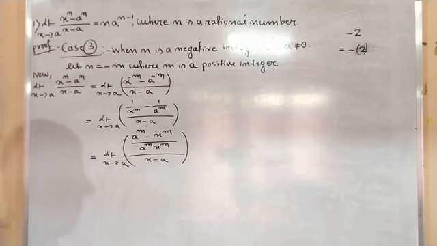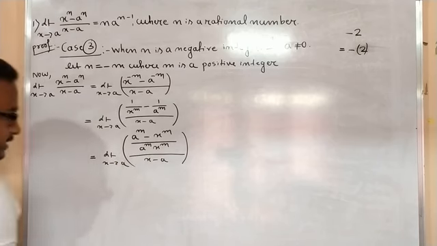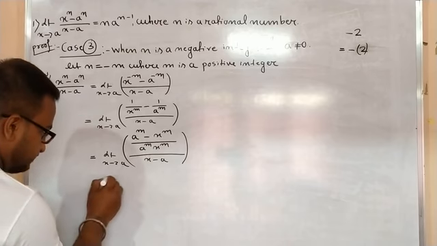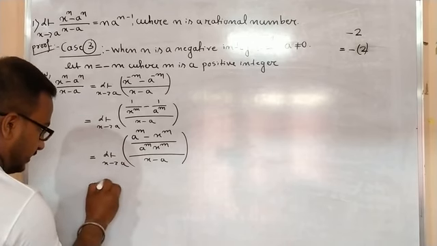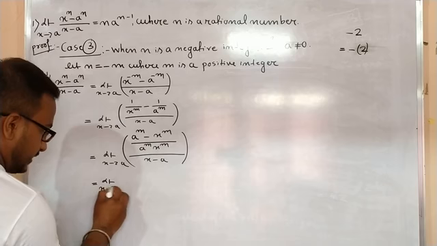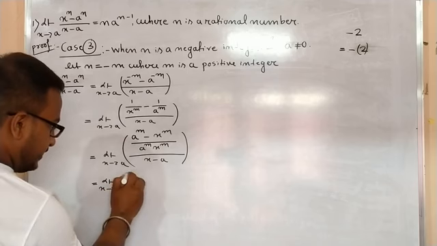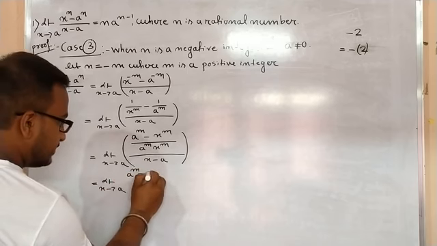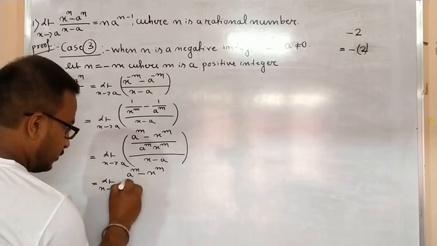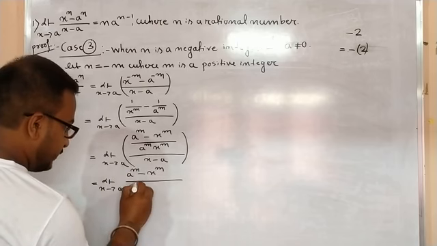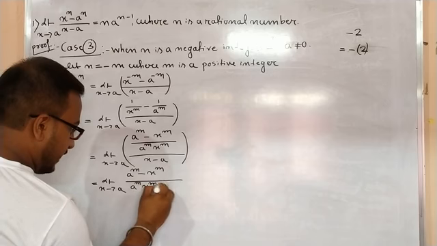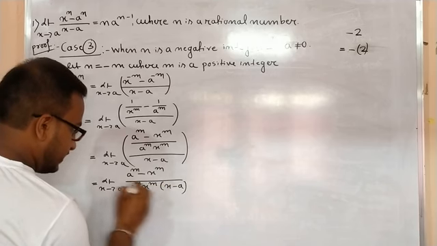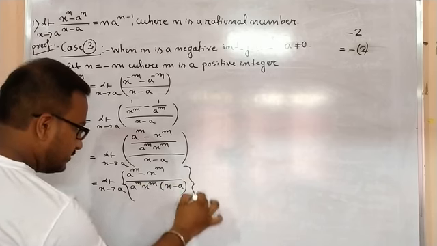Then this is equals to limit x tends to a, a to the power m minus x to the power m, whole thing divided by a to the power m into x to the power m into x minus a. Right?